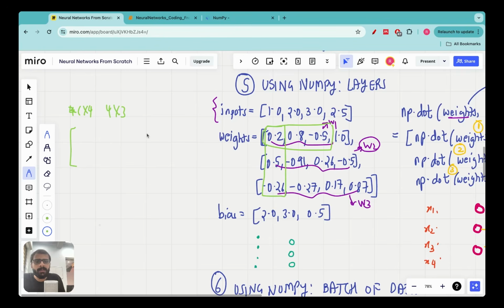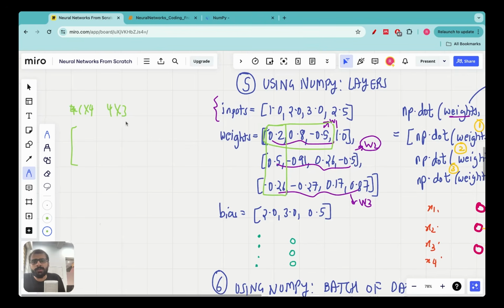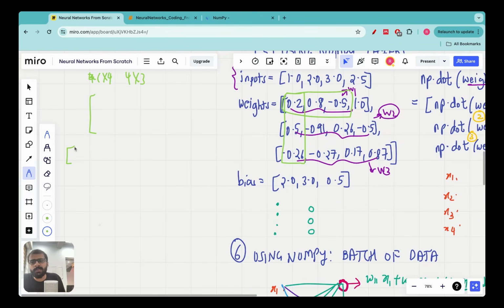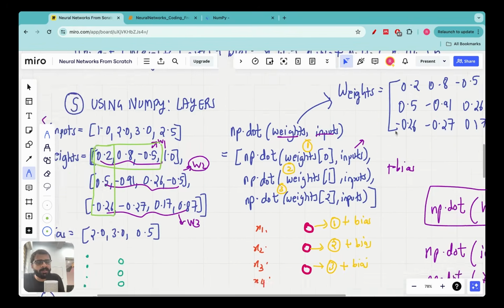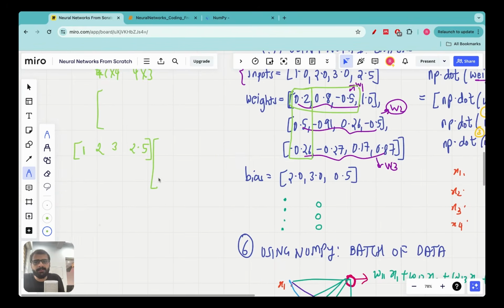Let me check that. np.dot(inputs, weights), right? So let me write inputs as 1, 2, 3, and 2.5, and then weights will be written as this weight matrix over here. So this is actually three rows and four columns.